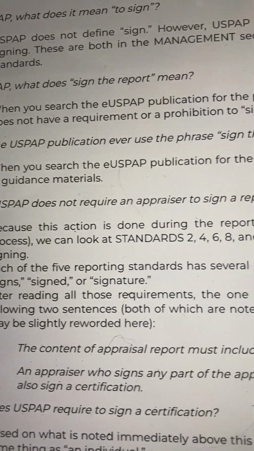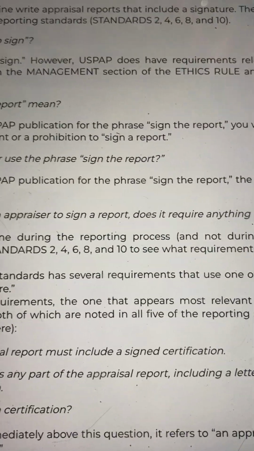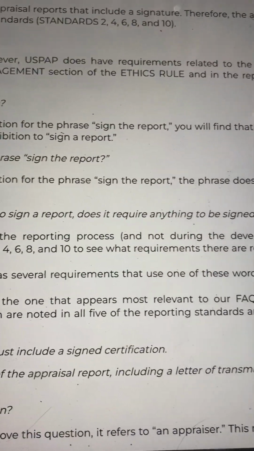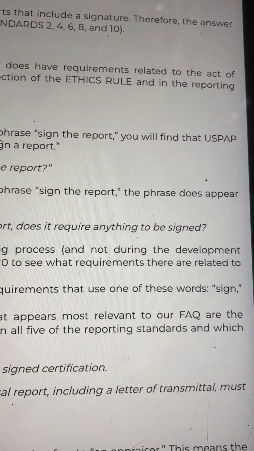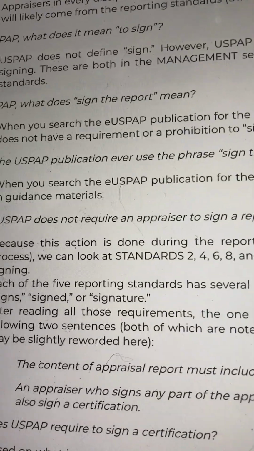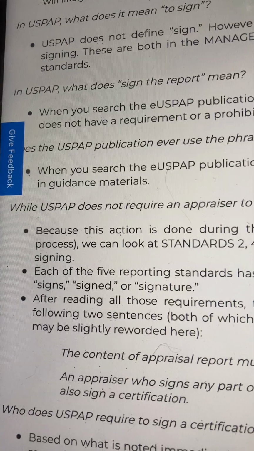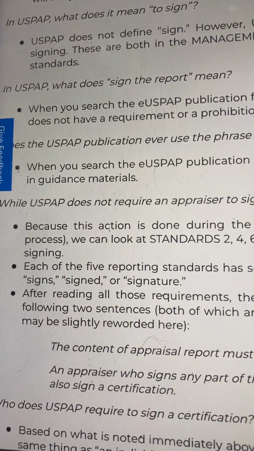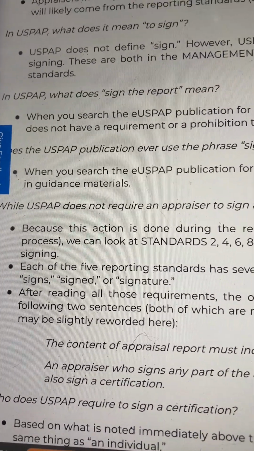Each of the 5 reporting standards has several requirements that use one of these words: sign, signs, signed, or signature.